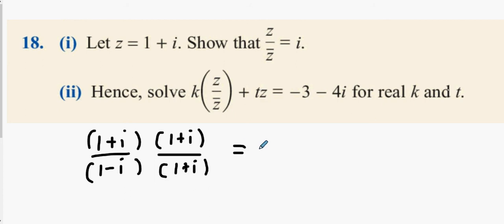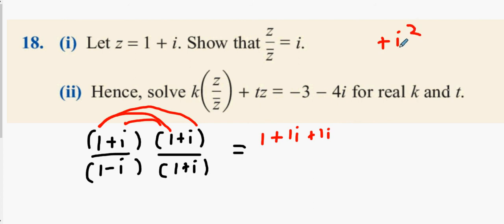Kirby, what do you get when you multiply that out? 1. Yeah, keep going. 1 plus i. I squared is minus 1. Tony, it's minus 1. Alright, now.